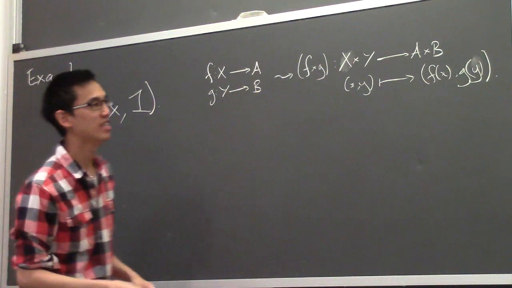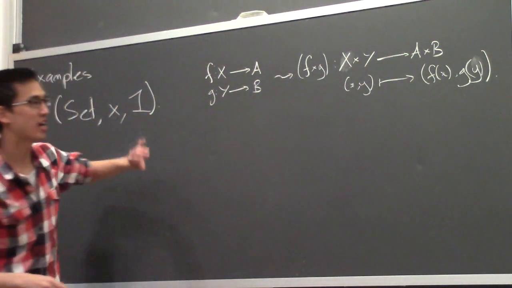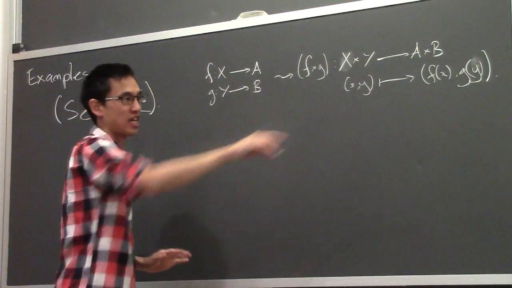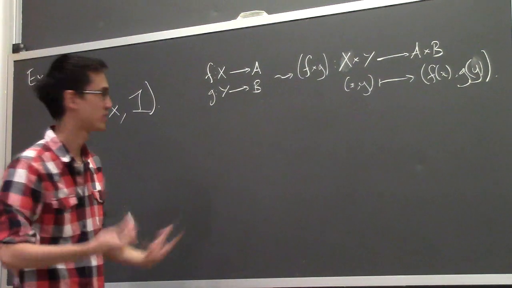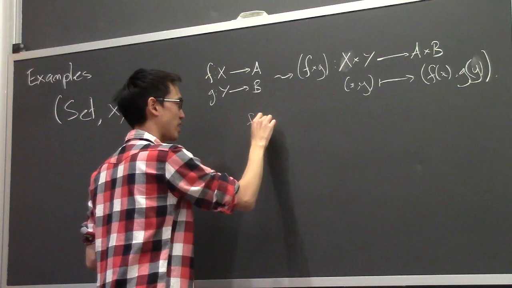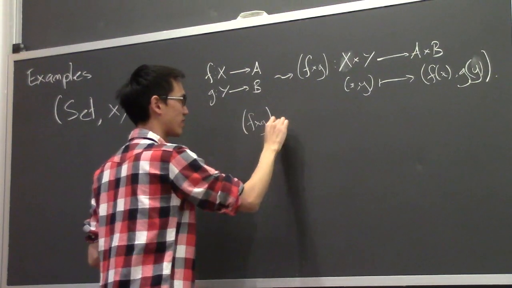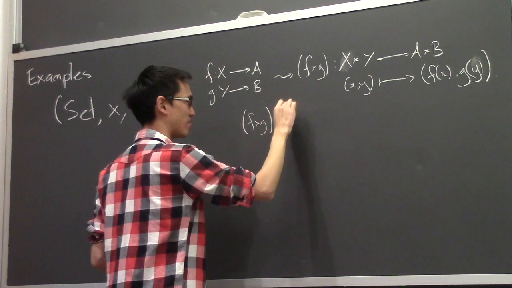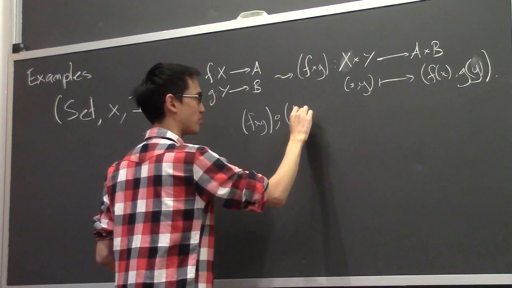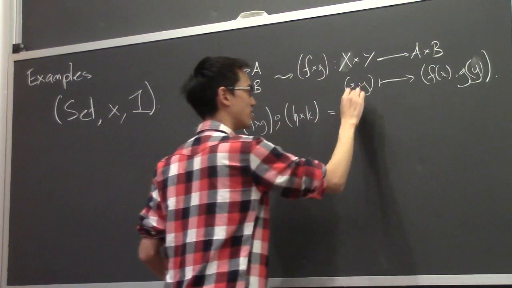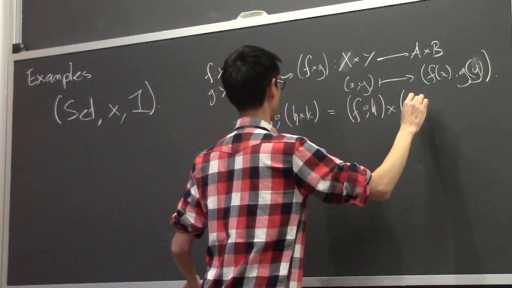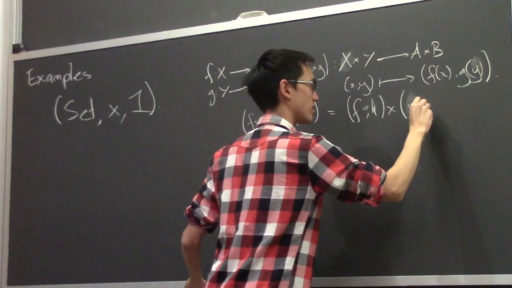And so you might check that this is a monoidal category because it has to obey some coherence conditions, and it might obey this last one there, C3, which people tend to call the interchange law. In particular, given some functions f, g, h, k of the required type, you can check that f times g composed with h times k is equal to f composed with h times g composed with k.